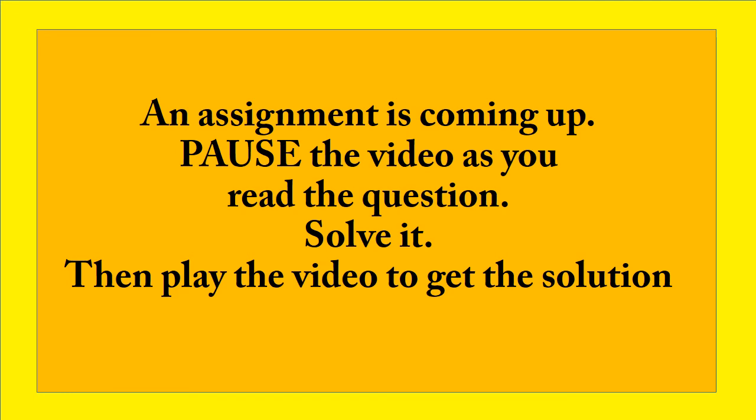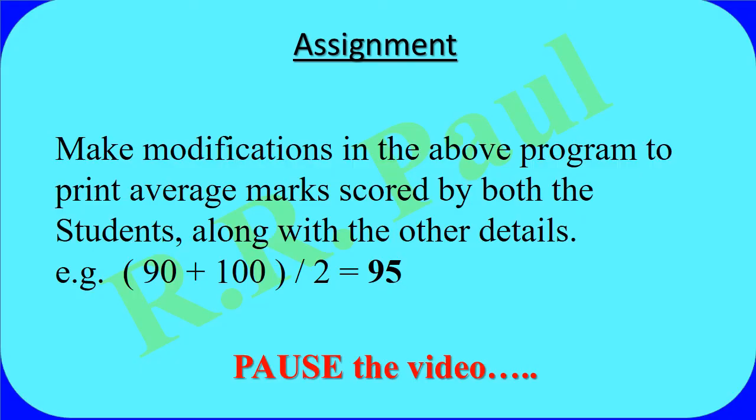The best way to understand a concept is to go through an assignment related to it. So an assignment is coming up, and as you read the question, please pause the video. Solve it in your register and then play the video to get the solution. I'm not giving you any new program.